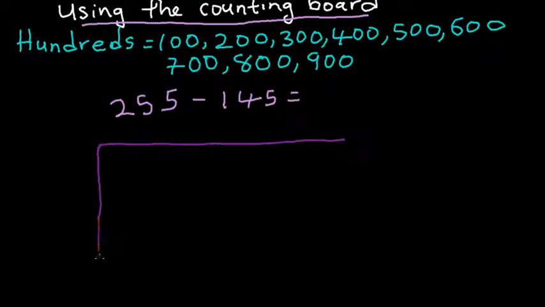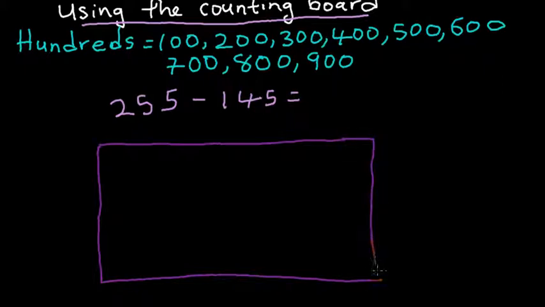Remember, the columns of hundreds, tens, and units. Just draw out the columns in your practice book. Those are the three columns. We have the hundreds, the tens, and the units. Always label the columns.